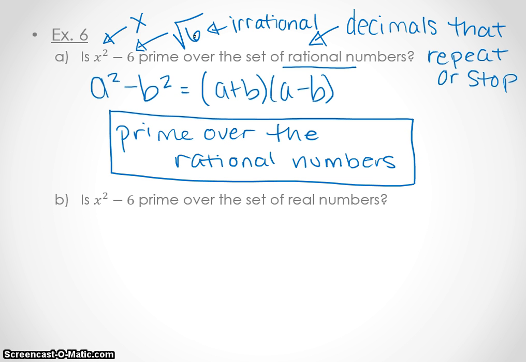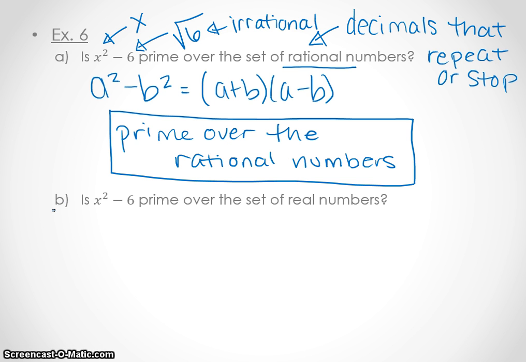In fact, if you take the square root of anything that's not a perfect square, it is known that it is going to be an irrational number every single time. So anything that's not a perfect square, like 24, 32, all of those are going to be irrational.